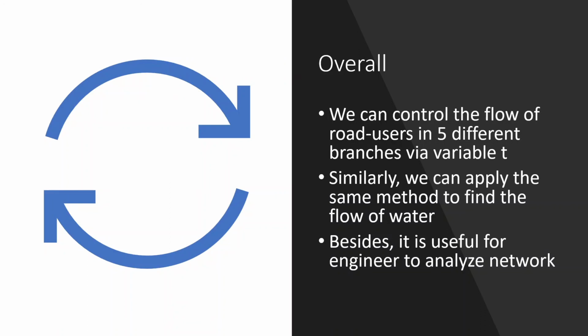Besides, it is useful for engineers to analyze networks, especially electrical and electronic engineers. As we are the electrical engineers of the future, we have to use applications of linear algebra a lot, like electric circuit analysis, as we have told before.